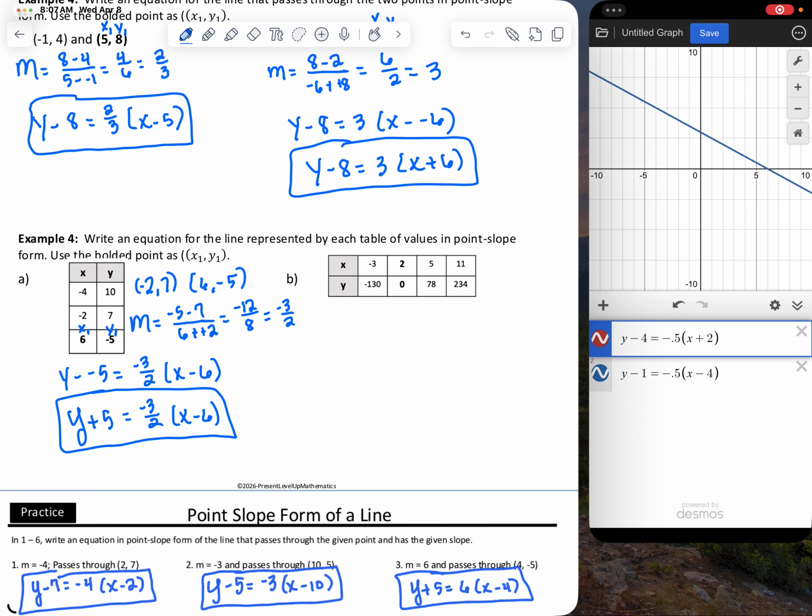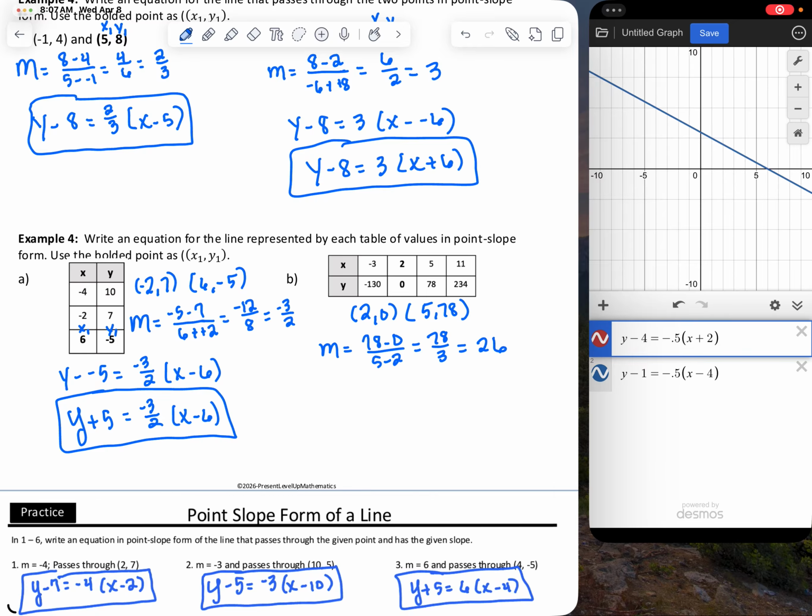All right, for problem B, I used 2, 0 and 5, 78 to find my slope. So 78 minus 0 over 5 minus 2 was 78 over 3, which was 26.